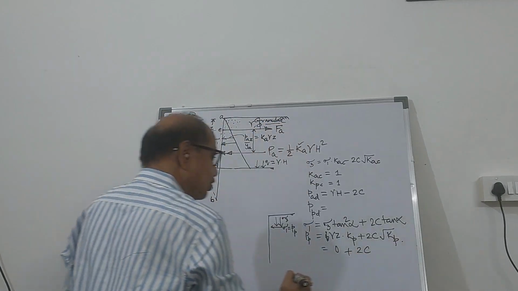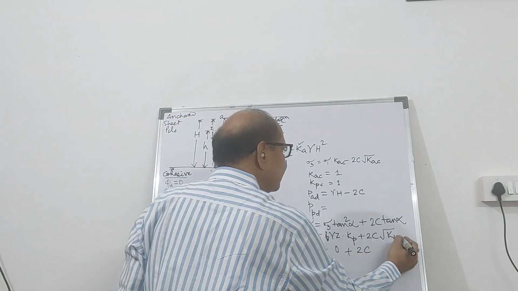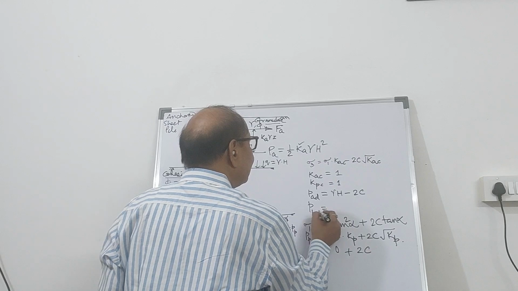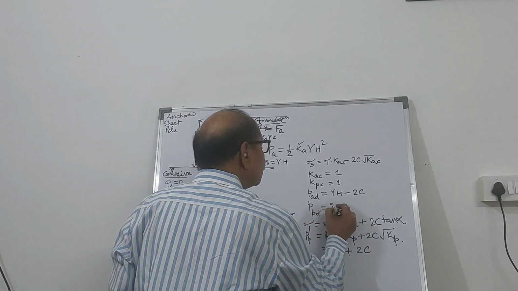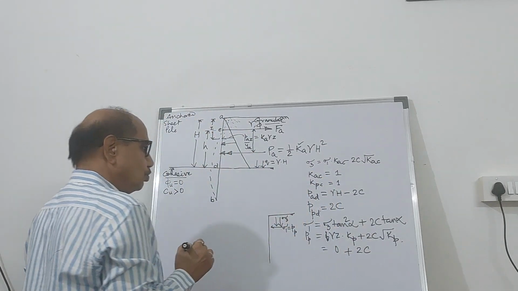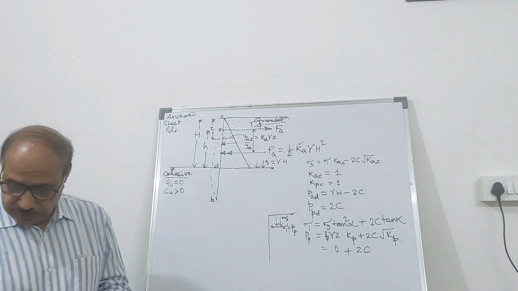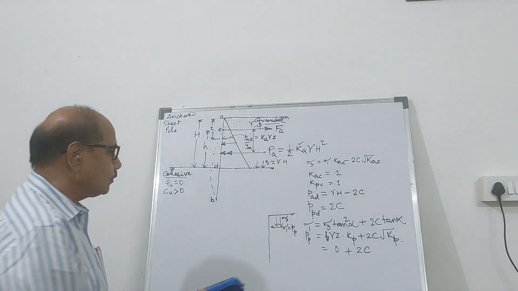Kp is also, for the cohesive soil, already 1, so PP at D becomes 2C.